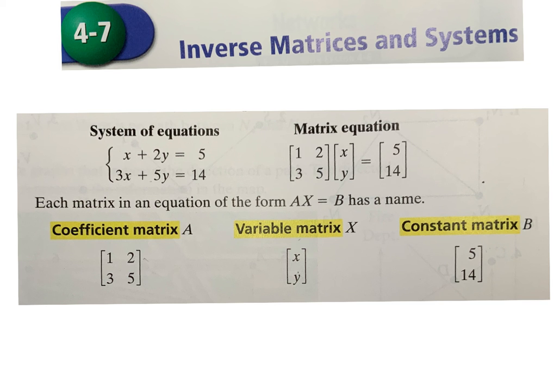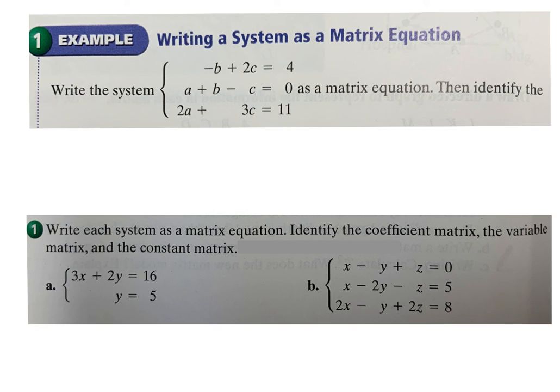So let's look at first separating these out, writing it as a matrix equation. So the first thing you want to do is just make sure you know how to separate them out. We're not going to do these individually, so we'll just do these examples right here. If I want the coefficient matrix, I'm going to take the 3, the 2. What do you think I'm going to put right here? 0 and 1.